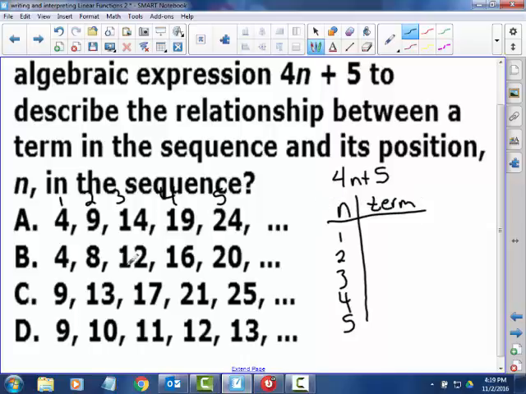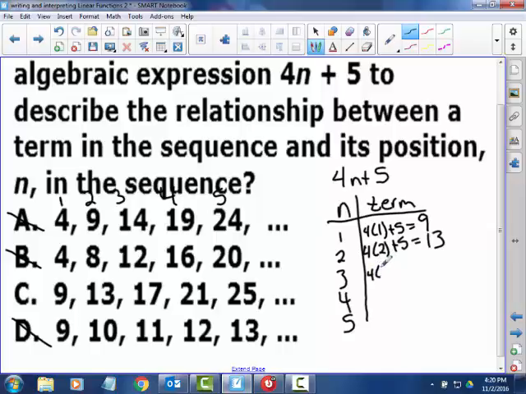Okay, so this will give us our term. So if we're in the first position, our term would be 4 times 1 plus 5, which is 9. So that eliminates choices A and B. So then we go to the next one. 4 times 2 plus 5 would be 8 plus 5, which is 13, which eliminates choice D. Okay. Now, just to be on the safe side, we'll go ahead and check the others.